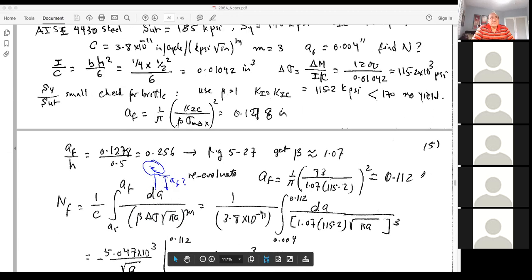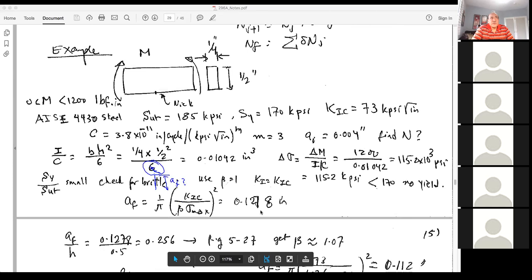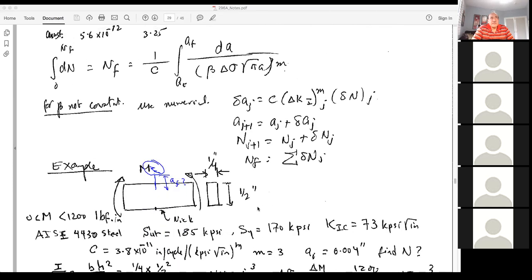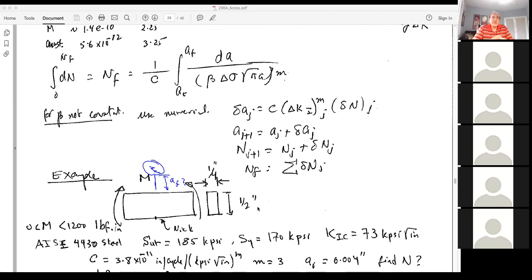For the project, the best way is to use a numerical method. So if you have a MATLAB program, we can just call a numerical integration function like ODE 23 or 45, one of these functions that they have in MATLAB, and you write the differential equation and it will solve it for you.